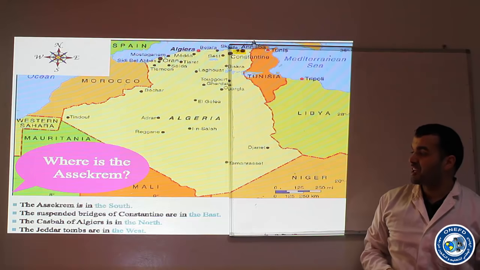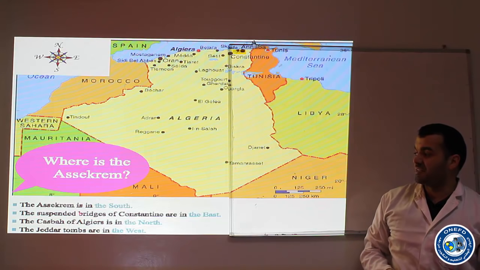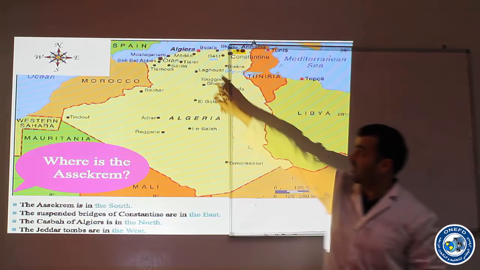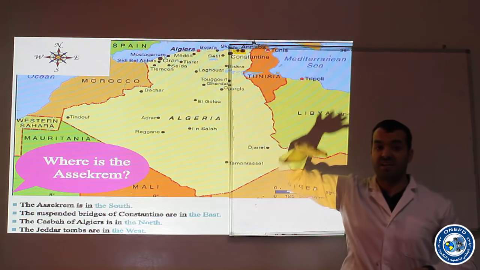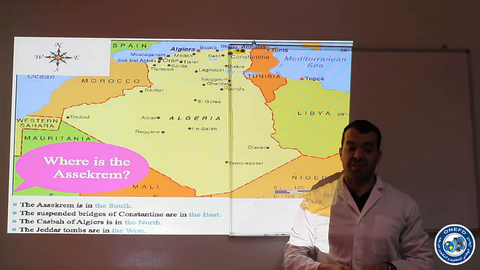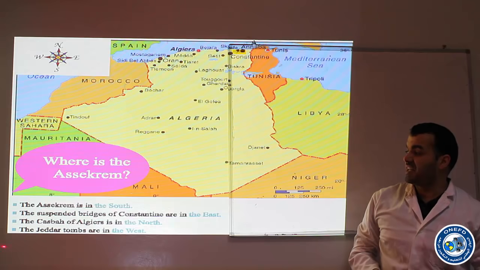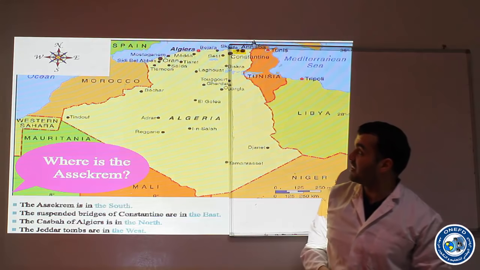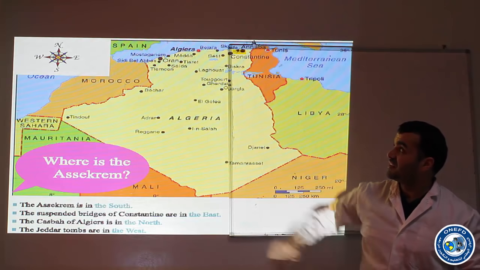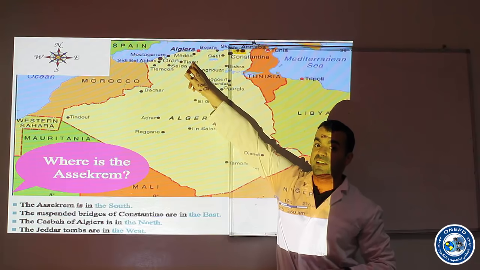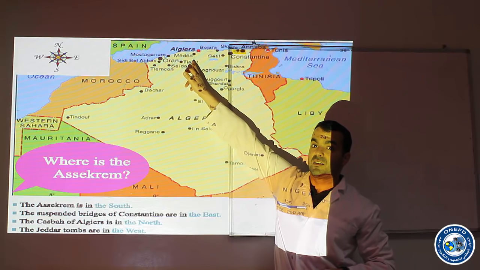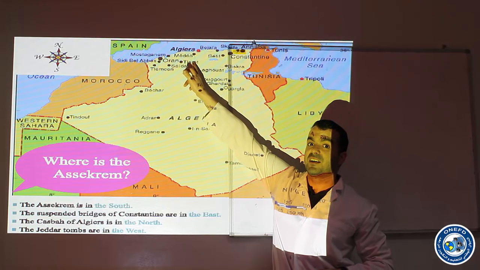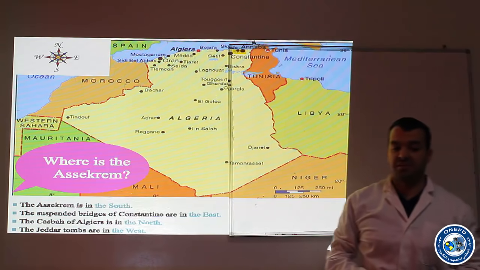Now, where is the Kasbah of Algiers? It is in the north. Very good. And finally, where are the Jedar tombs? They are in the west of Algeria.